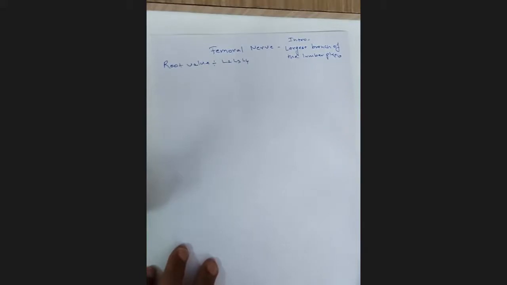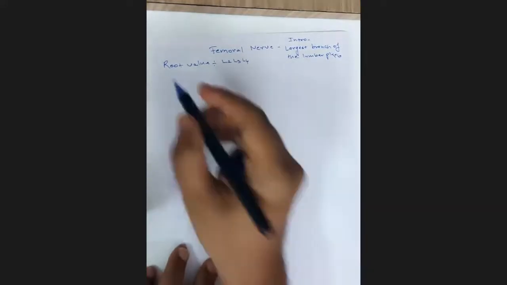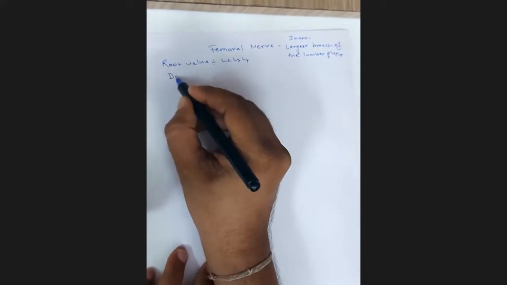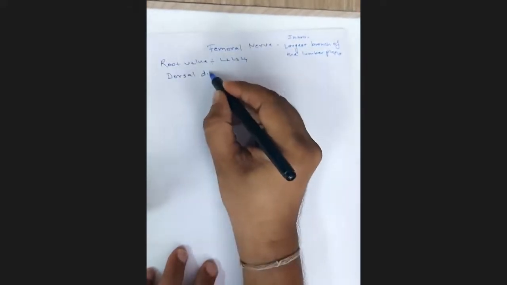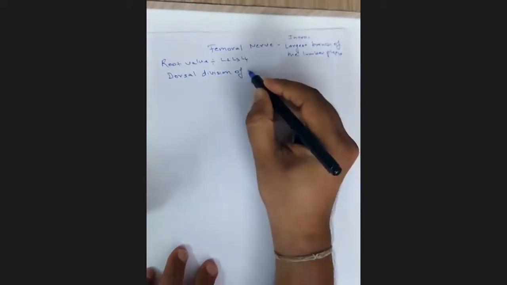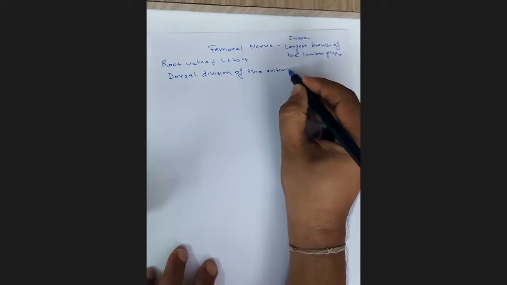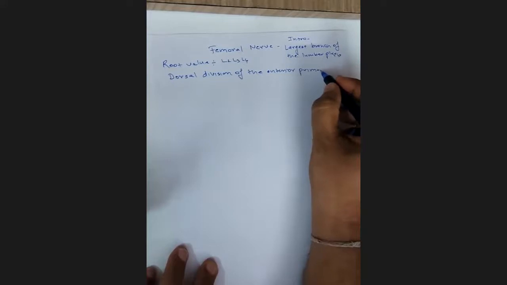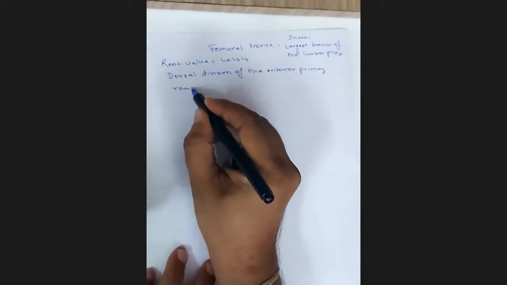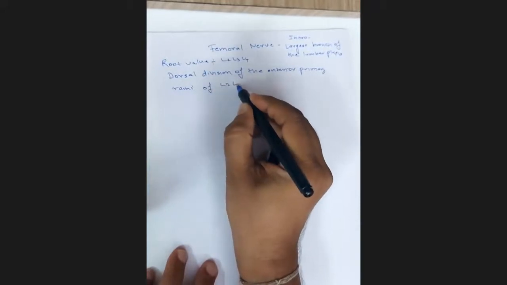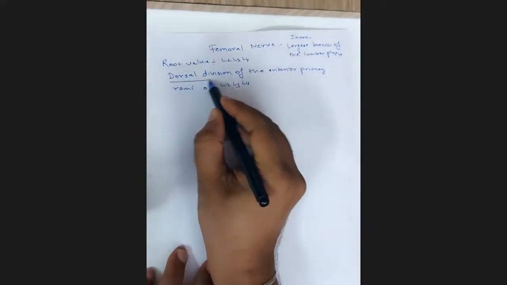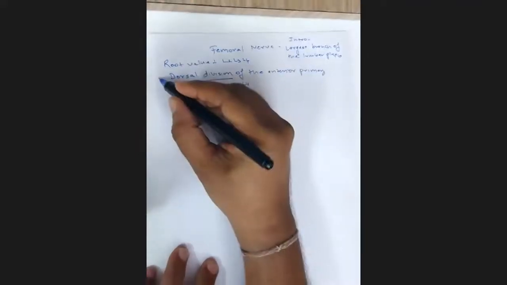In the root value, we expect that the student says that it is from the dorsal divisions of the anterior primary rami of L2, L3, L4.